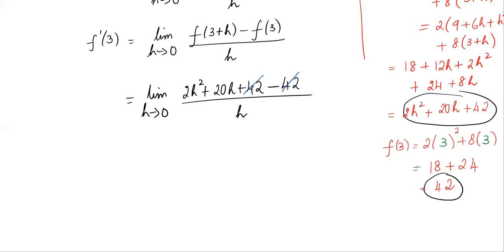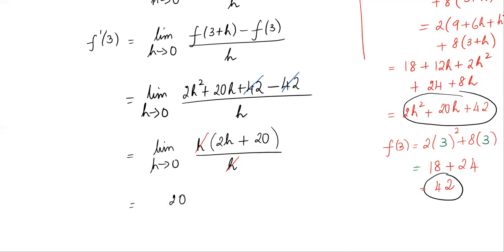That cancels those two off as we would expect, because those were non-h terms. And then the limit as h approaches 0, pull out the h. So I have 2h plus 20 divided by h. And the h's will cancel off again as expected. In this next step, you can already evaluate the limit by plugging in h as 0. That leaves us with 20.